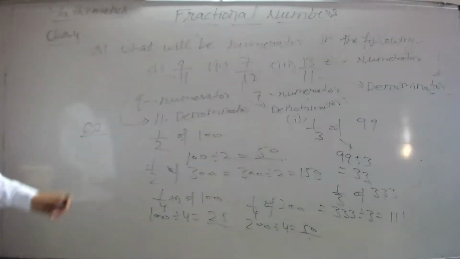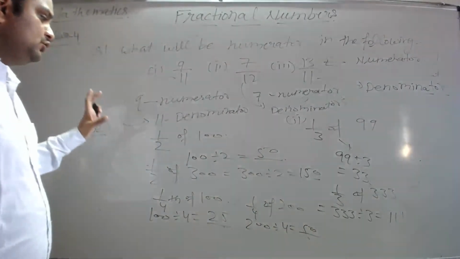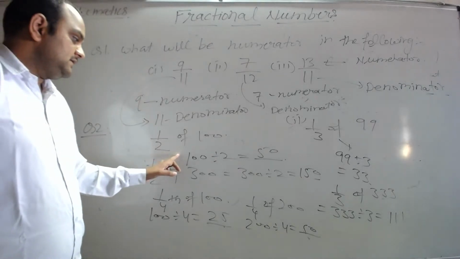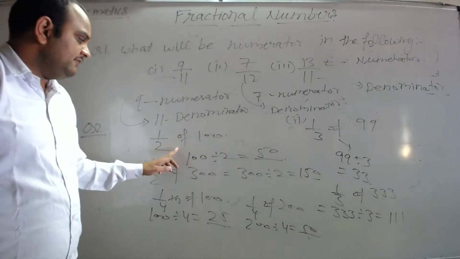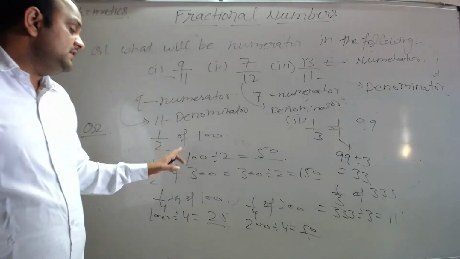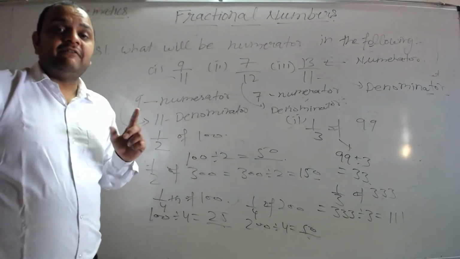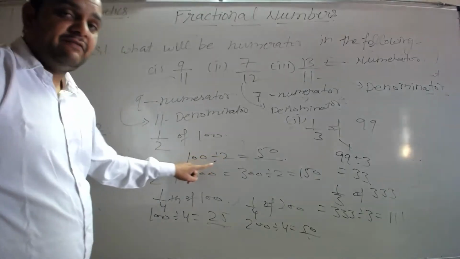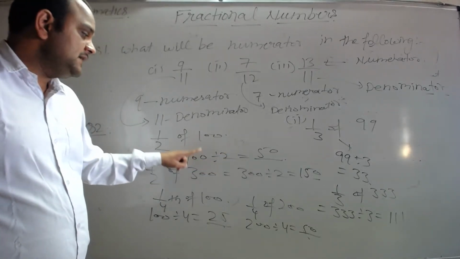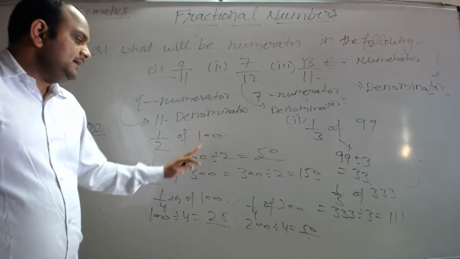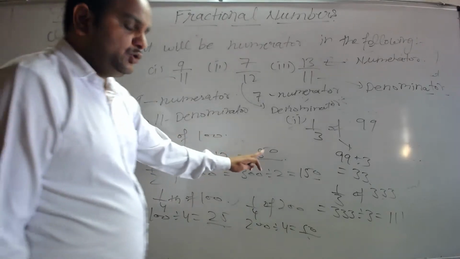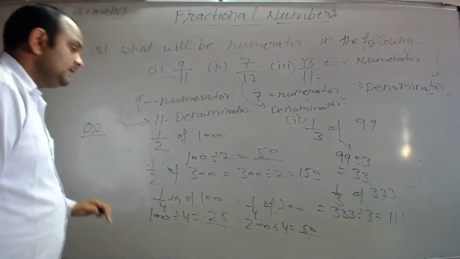Why are we dividing? हम इसको divide क्यों कर रहे हैं? To find out equal parts, because in the definition of half, a whole or a group is divided into two equal parts. So in the question, half of 100 will be 100 divided by 2, that is equal to 50.